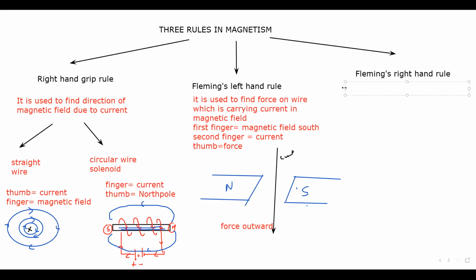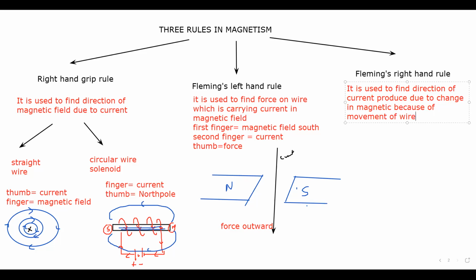It is used to find the direction of current produced due to change in magnetic field because of movement of the wire.